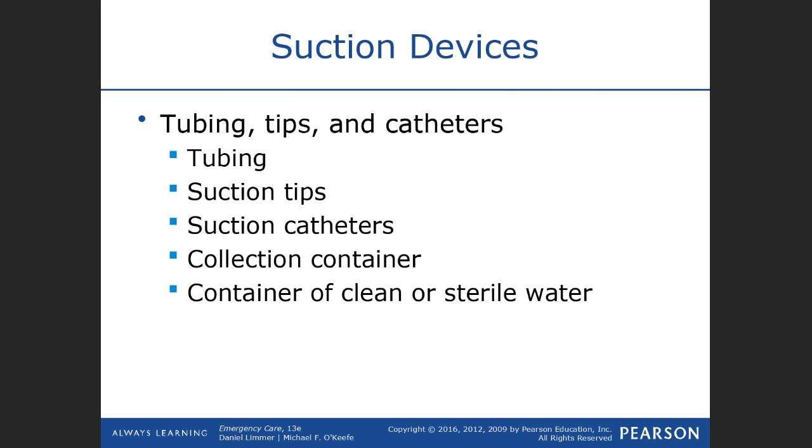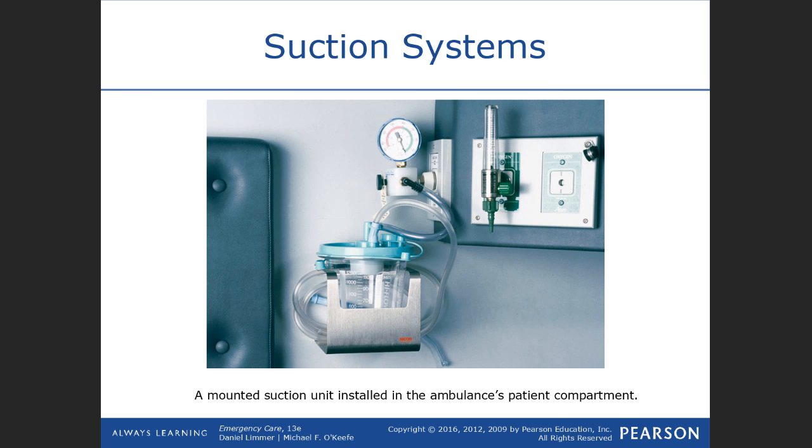Tubing, tips and catheters: you have your suction tips, suction catheters, and a collection container of clean or sterile water. All of this we'll go through in skills. This is a fixed unit or mounted unit.